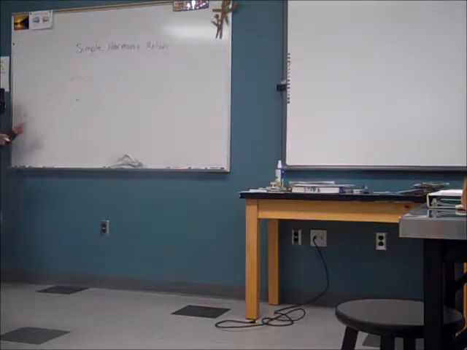What's the relationship between omega and the orbital period of the Earth going around the Sun? Omega is angular velocity, right? And we know that it's how many radians per second.